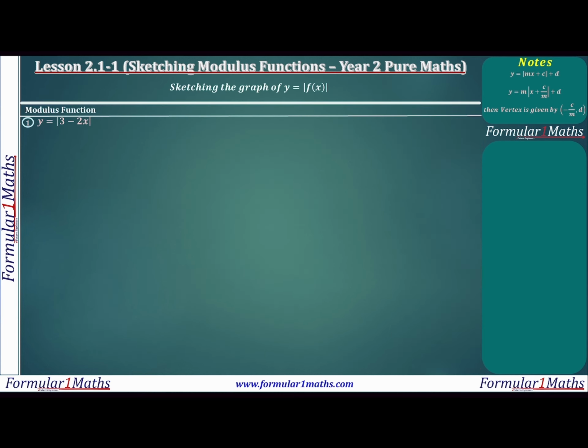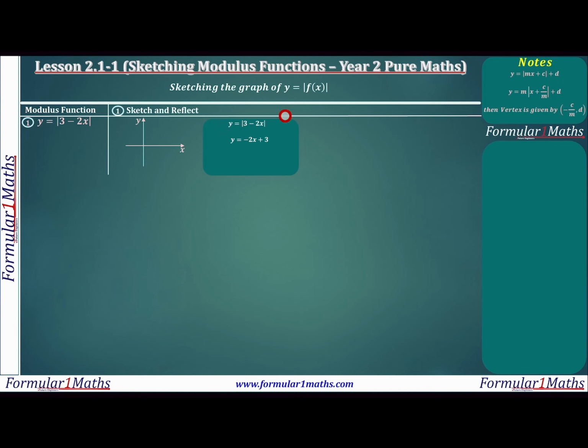So first one, I've got y equals 3 minus 2x, with 3 minus 2x in the modulus sign. So for the sketch and reflect method, I've got my axis drawn, and I've got this to deal with. If I remove the modulus sign, I'm going to get y equals minus 2x plus 3.